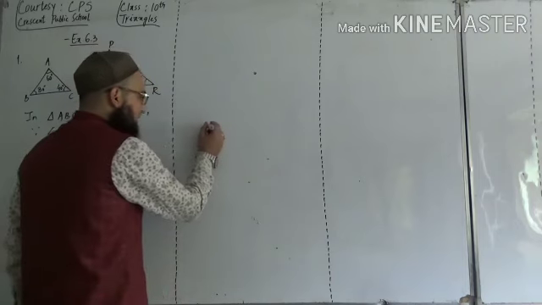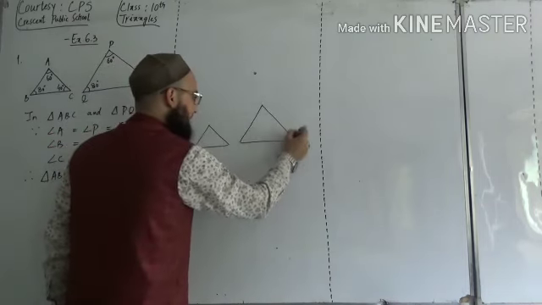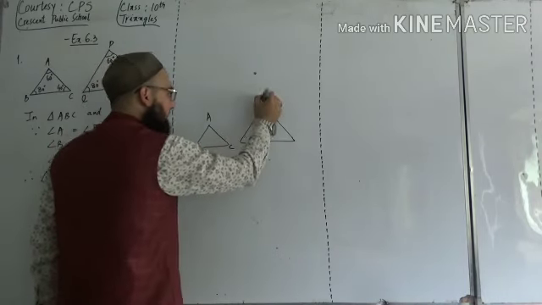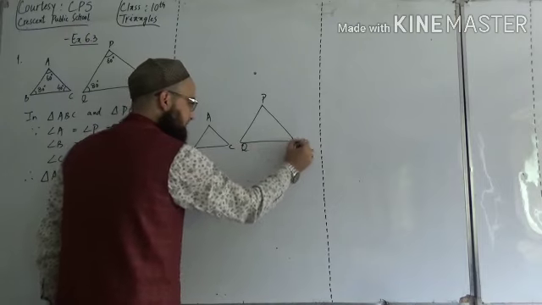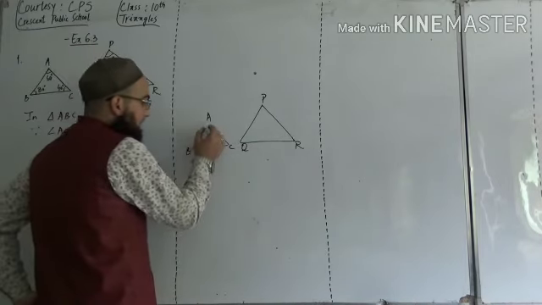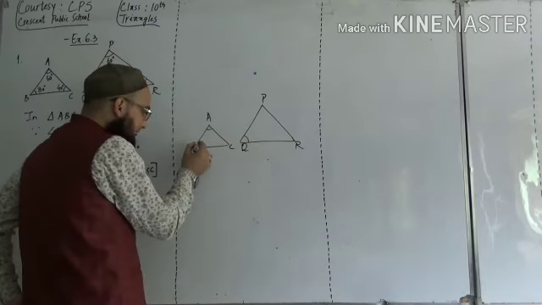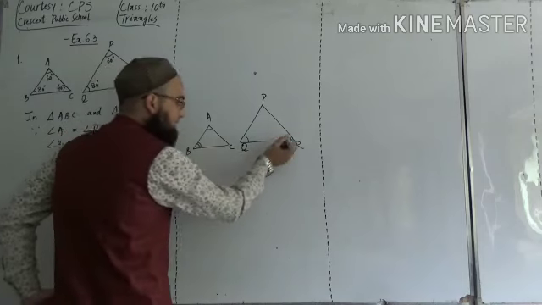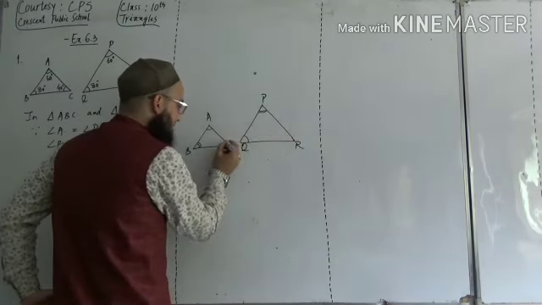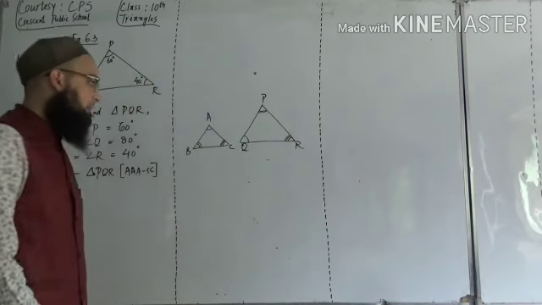Remember one point here. For example, if you have a triangle like this, and another triangle like this, if this is ABC and PQR, in the following questions remember this point. For example, if this angle is equal to this angle, this angle is equal to this angle, and this angle is equal to this angle.